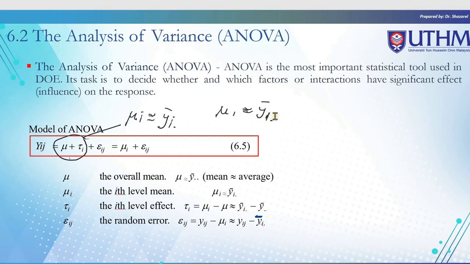So we can simplify this equation using mu i plus epsilon, which is the random error, and we get the observation Yij.